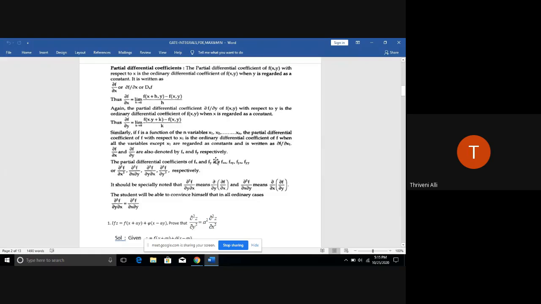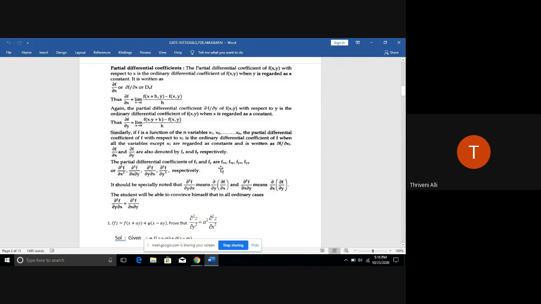One important main point is, while differentiating with respect to x, suppose f is a function of x and y, we treat y terms as constants. Likewise, while differentiating with respect to y, we treat x terms as constants. Okay, and these are all the notations.